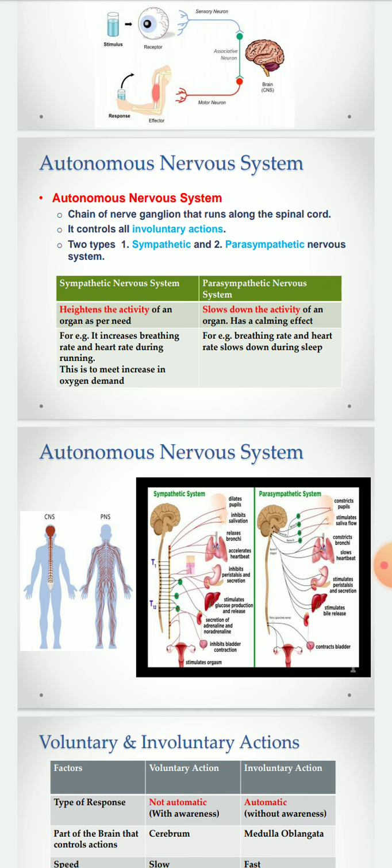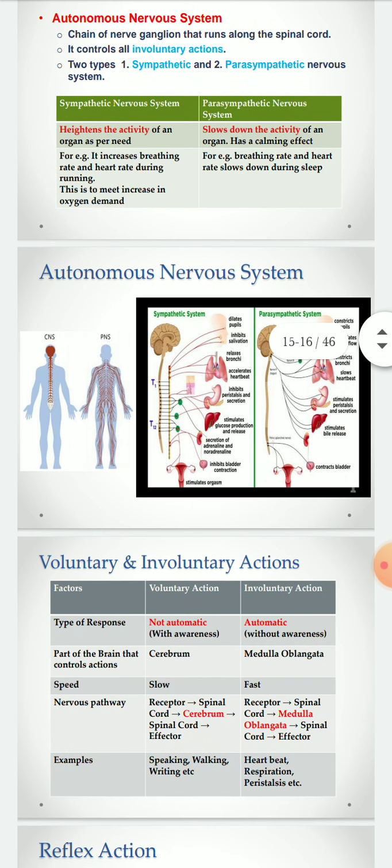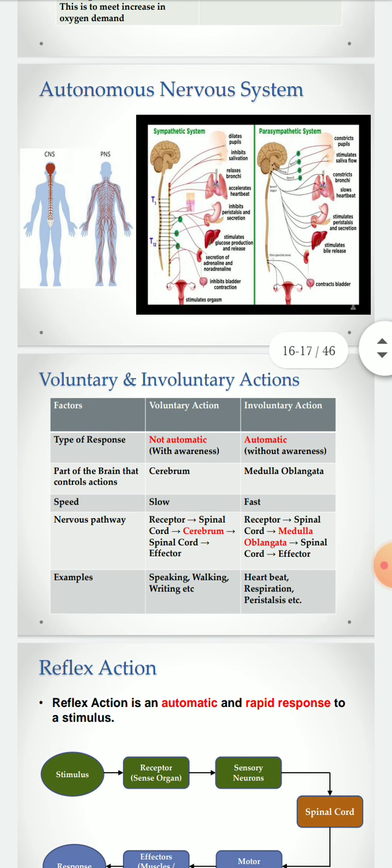So in the sympathetic nervous system, you require more oxygen while you are running. That's the reason why you breathe a lot. Heavy breathing takes place, and with the parasympathetic, breathing rate and heart rate slow down while sleeping. So you can see examples of the autonomic nervous system. In the next class we'll start with voluntary and involuntary actions.